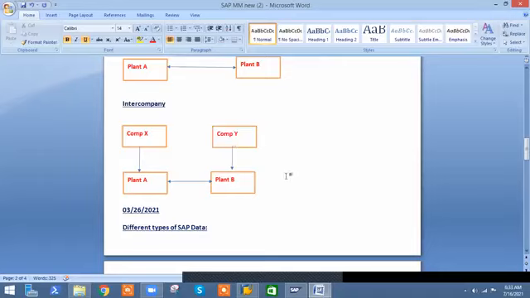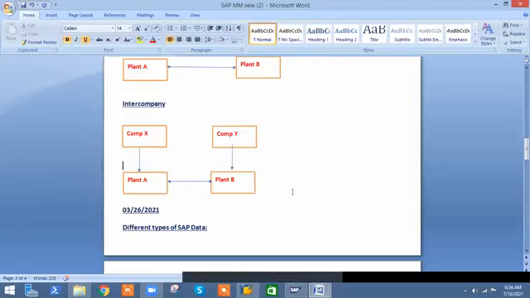If stock is transferred from A to B or B to A, that is called an intercompany STO. Plant A belongs to company X, which has its own set of GL accounts and its own structure. Company Y also has a unique set of GL accounts and a unique organizational hierarchy.